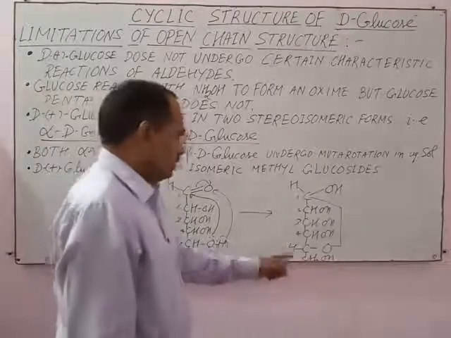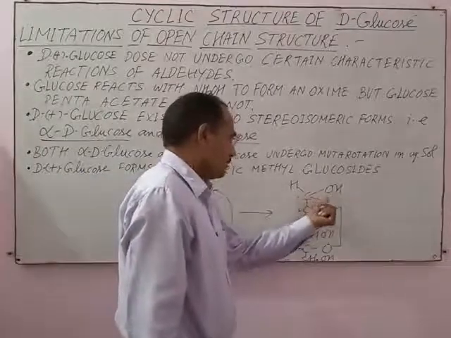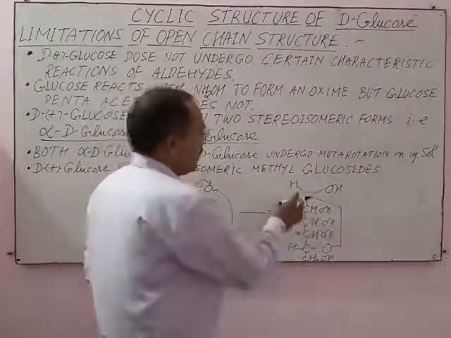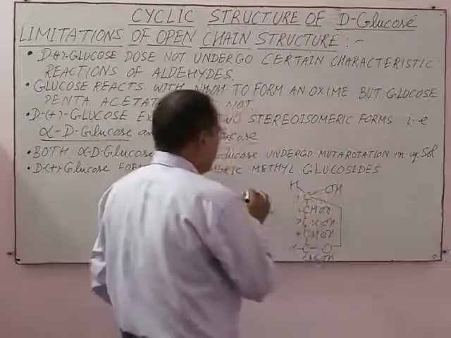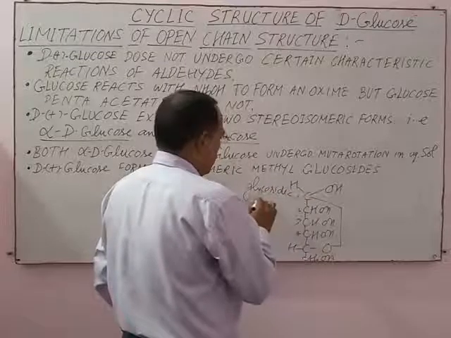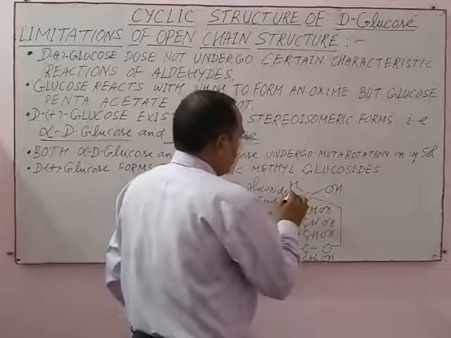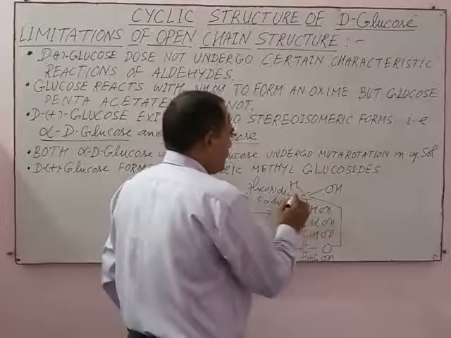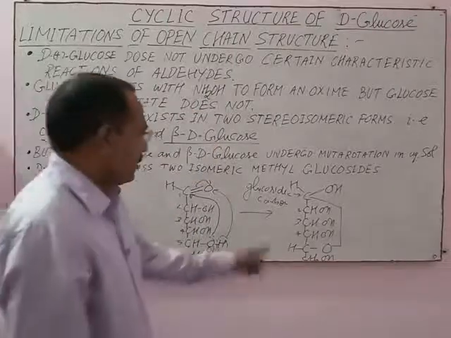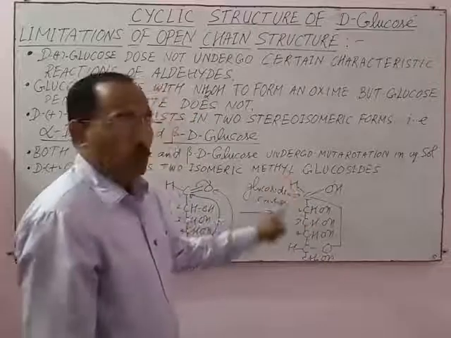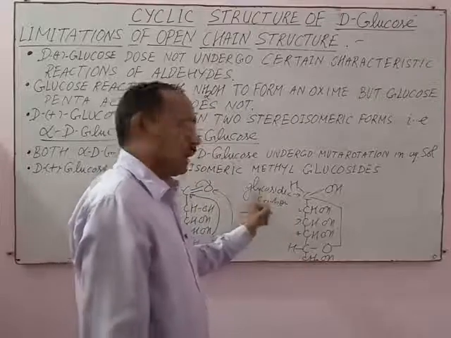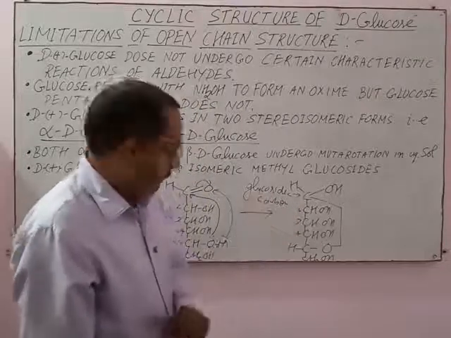In this glucose, the OH group is present on the right side at the glycosidic carbon. This carbon is known as glycosidic carbon. It is also known as anomeric carbon. Carbon first of glucose in its hemiacetal form is known as glycosidic carbon or anomeric carbon.